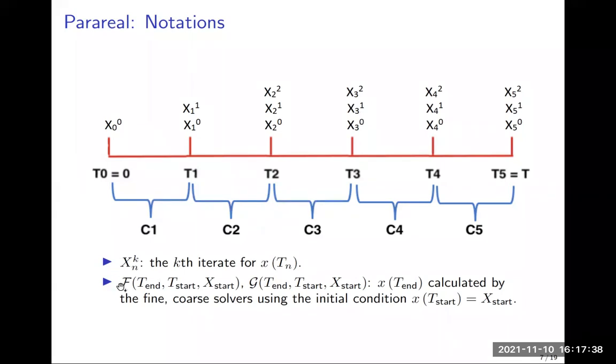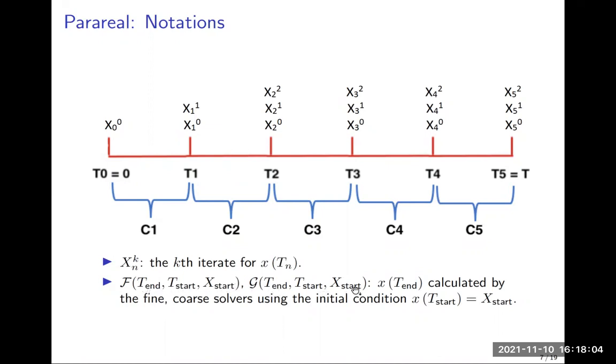And I also have these two notations, script F and G. Script F is going to denote the fine solver, and script G is the coarse solver. So what this means is I propagate from a starting time to an end time using the fine solver, and this whole thing denotes the solution.